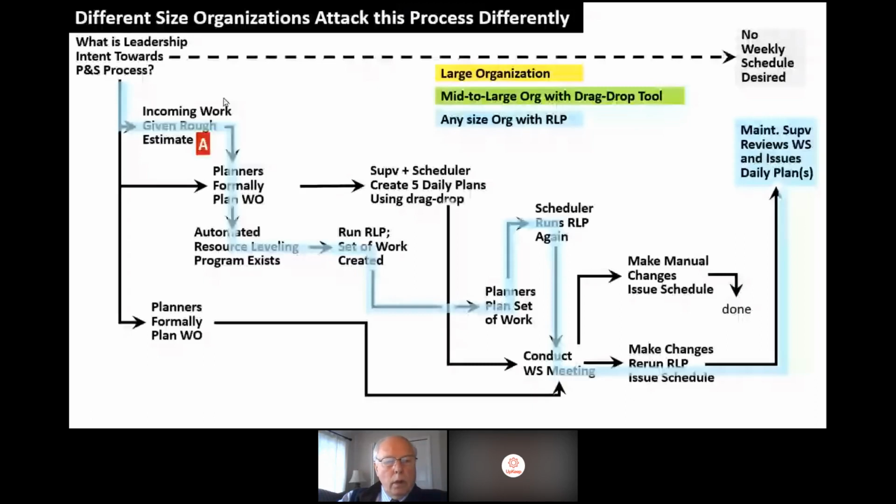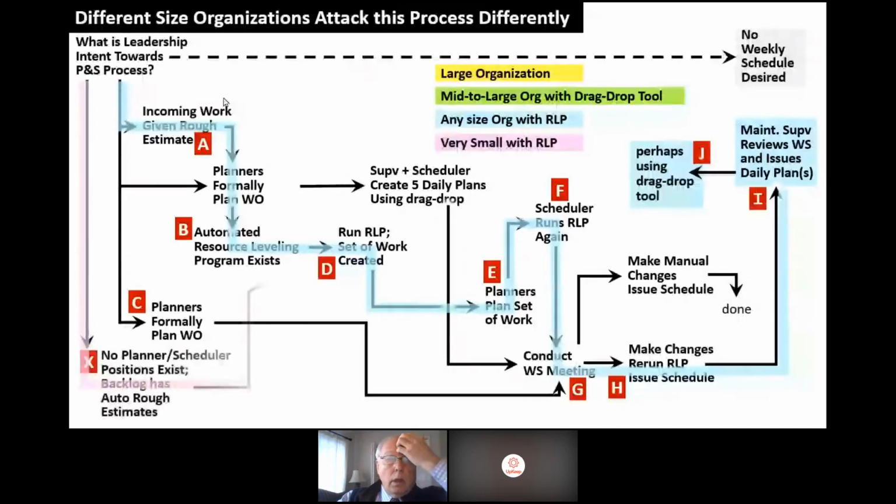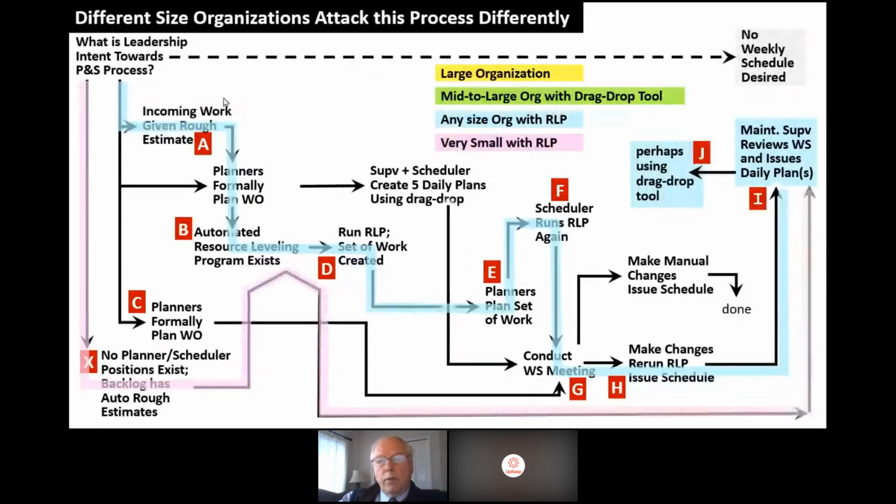Now, what I want to get to is a very small organization. If anyone's on the call with that size, you might only have two mechanics. You do have a CMMS, and let's pretend you have this RLP. Down here in the lower left-hand corner, letter X, no planner scheduler position exists, and the backlog does have the rough estimates in it.